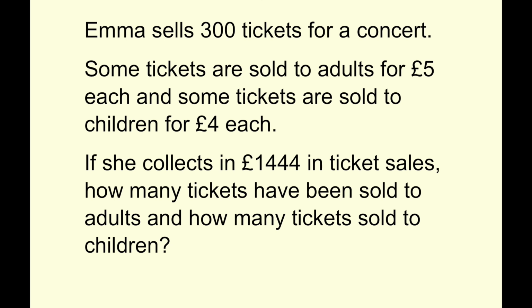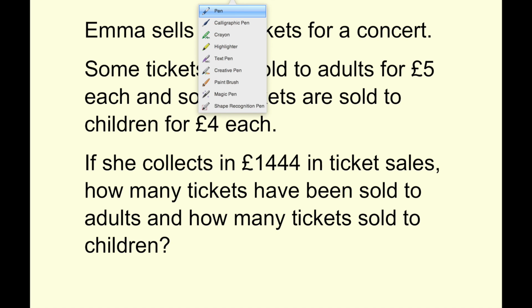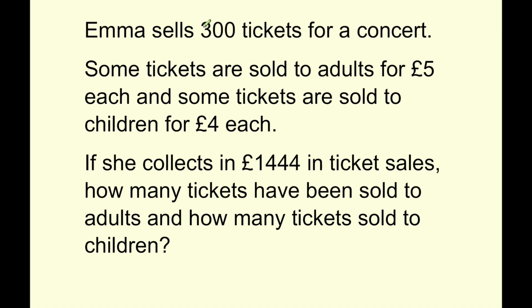If we just highlight the important information, so here we have 300 tickets that are sold, and we have a mixture of adult tickets, which are £5, and children tickets, which are £4. In total, £1,444 worth are sold.